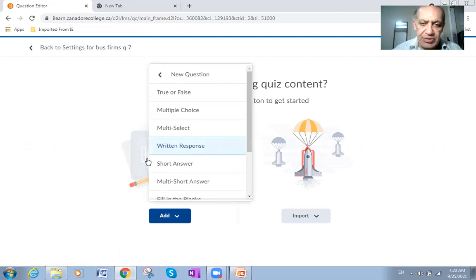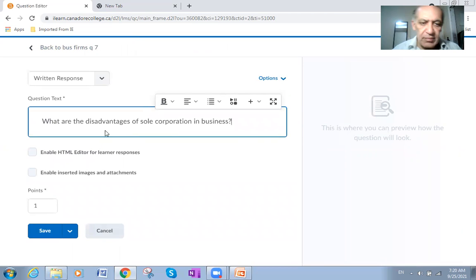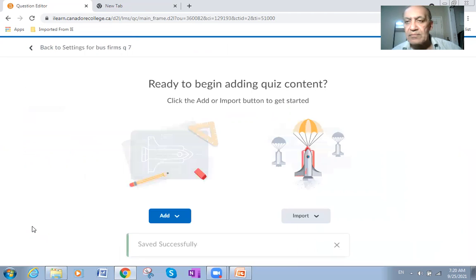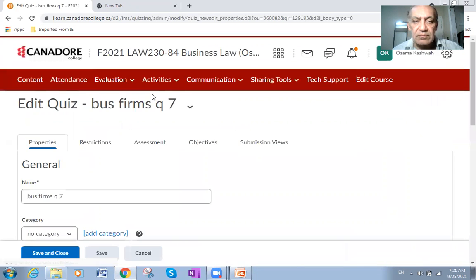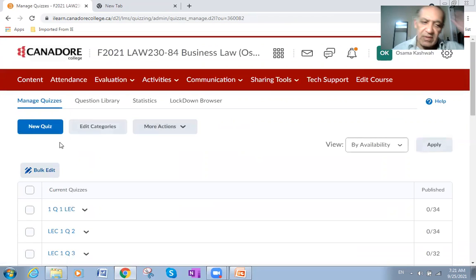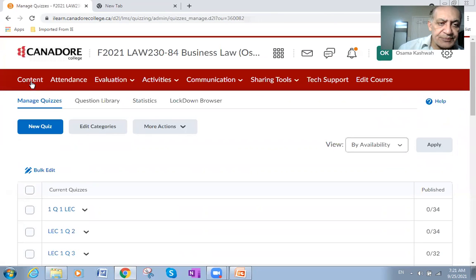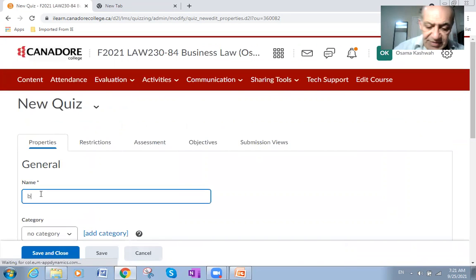I will add a new question here, with the response. Advantages of corporation in business. Also here, what are the disadvantages in business? And this is the last question. This is business firm question 8.